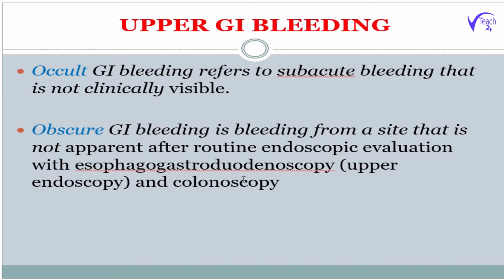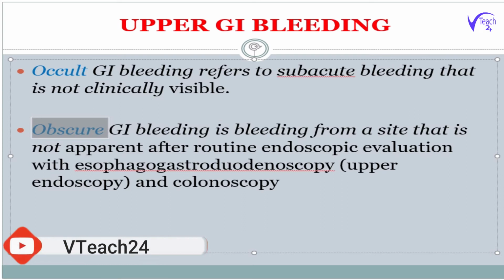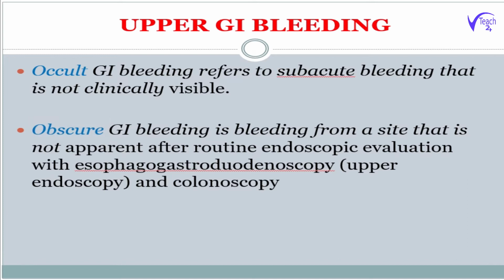This small intestinal bleeding that is not routinely seen by endoscopic intervention is called obscure bleeding. For obscure bleeding, diagnostic options are available, like push enteroscopy and angiography, that is CT angiography, etc.